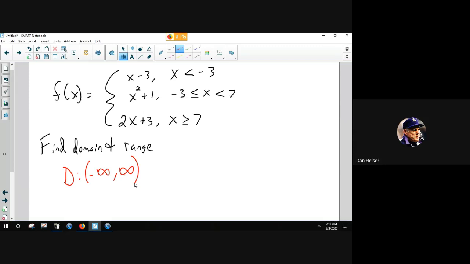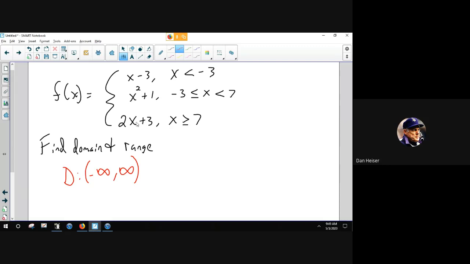So here's our domain. And if you're wondering, well, that just doesn't seem right, ask yourself, what numbers can't x be? You might say x can't be -3. Yes, it is. It can be. It can be -3 in this piece. So it's covered. Well, x can't be 7. Yes, it can.